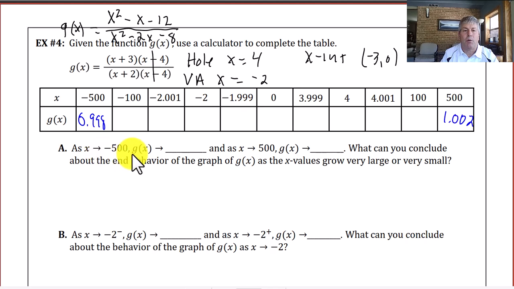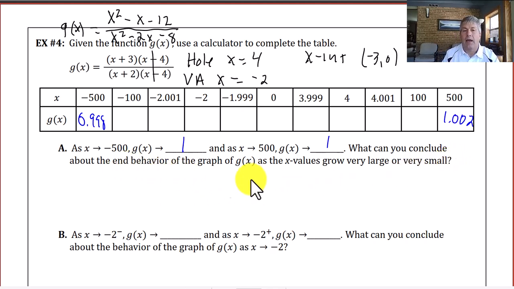So now I can answer question A on my chart. As x approaches -500, it looks like g of x is getting closer and closer to 1. And as x approaches +500, g of x is also getting closer and closer to 1. So as x's get really, really big, what do we know about the end behavior?